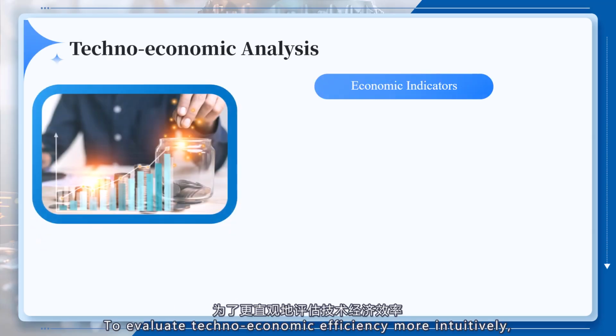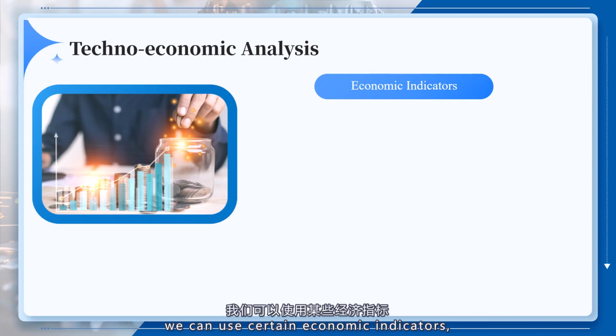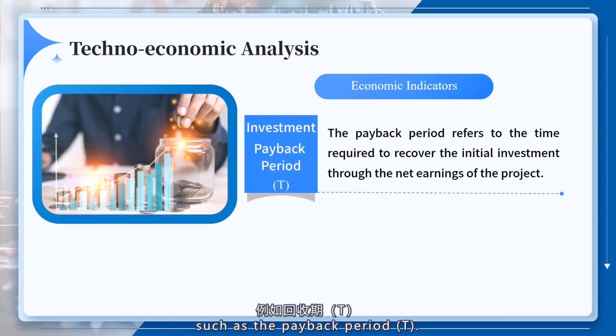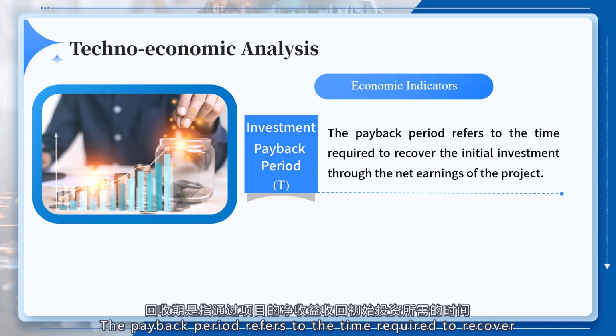To evaluate techno-economic efficiency more intuitively, we can use certain economic indicators, such as the payback period T. The payback period refers to the time required to recover the initial investment through the net earnings of the project.